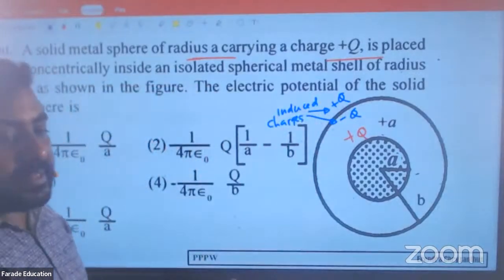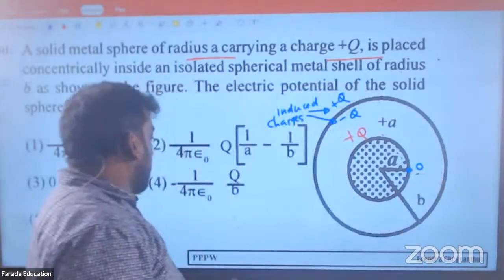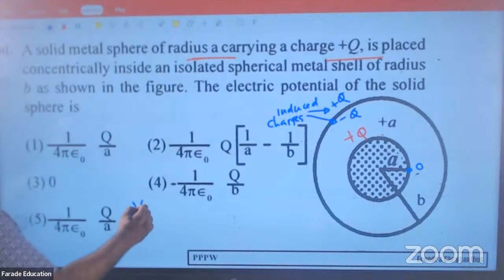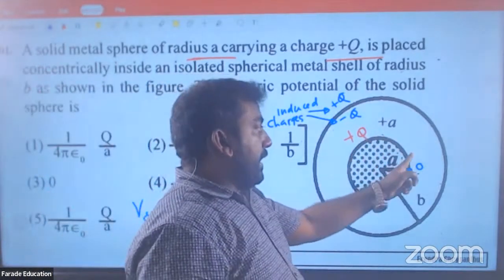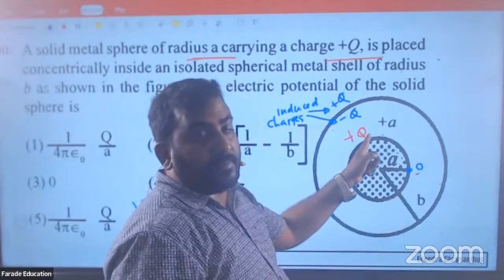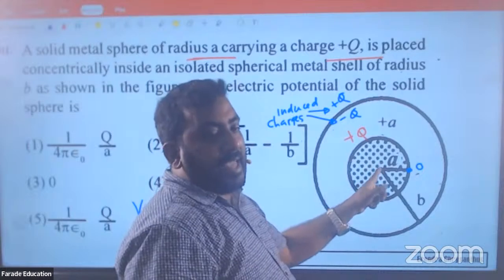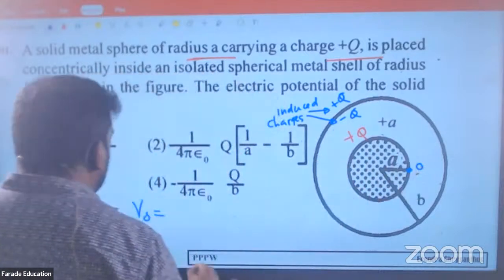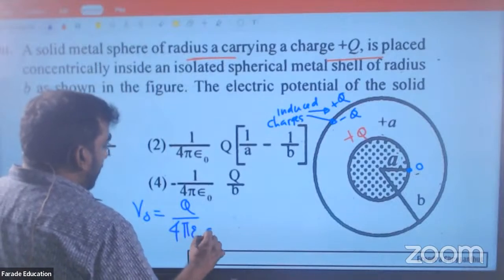Now, how do you find the electric potential? Let's say this point is O. How do you find the electric potential at point O? First, we find the electric potential due to the sphere. Take all the charges, keep it at the center like a point charge: Q divided by 4 pi epsilon naught A, plus.